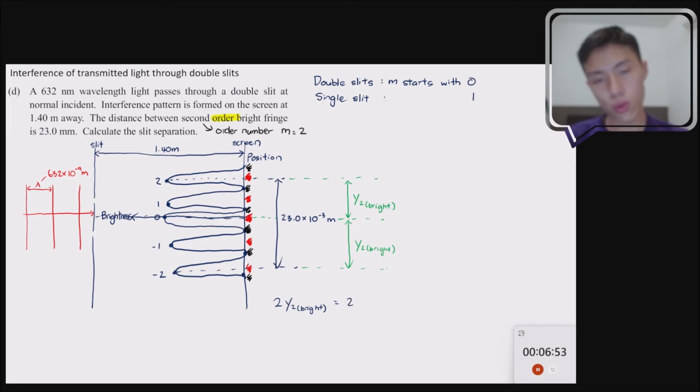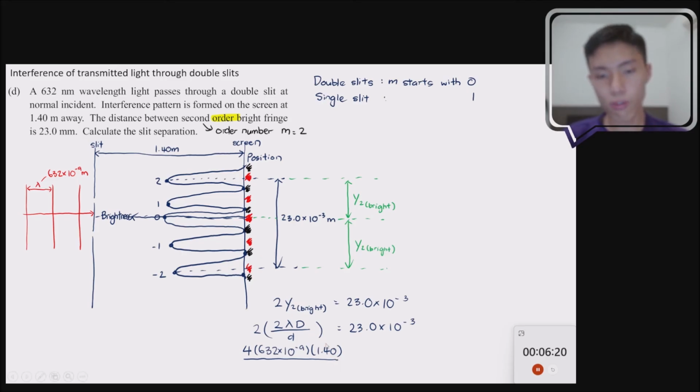So we can conclude that 2 times y2 bright is equal to 23.0 times 10 to the power of -3. We can expand y2 bright as m lambda D over d, so 2 lambda D over d, with the factor of 2 outside, gives 4 multiplied by lambda. Lambda is 632 times 10 to the power of -9. The distance between slit and screen D is 1.40.